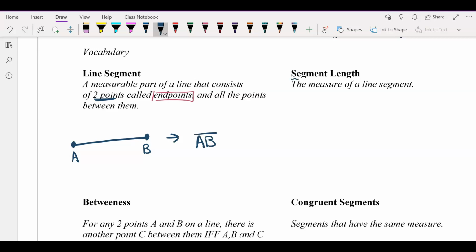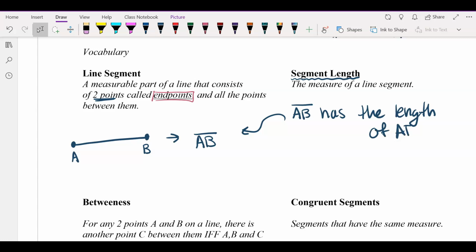Over here is the segment length. So this is talking about that distance, so a measurable length, so something in inches, centimeters. And so let's say here we have the segment AB. So segment AB has the length of AB.